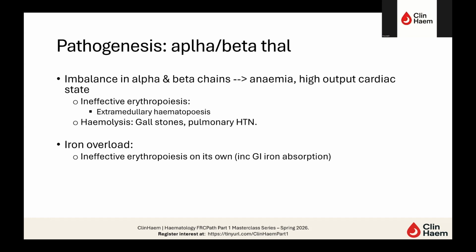So dying stem cells release some markers which are going to go and inhibit hepcidin, and then more iron will be absorbed. This alone can lead to significant iron absorption, leading to iron overload. But of course, when they're anemic, they require transfusion, and that can cause transfusion iron overload.